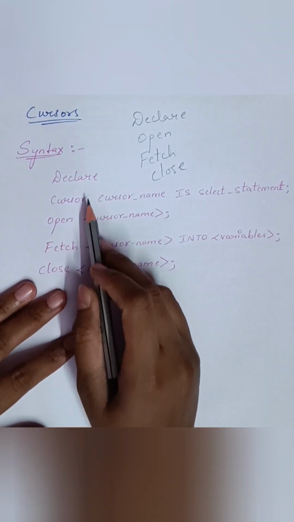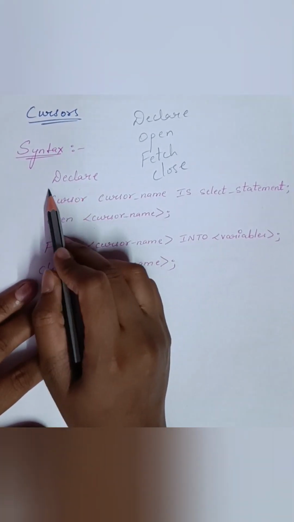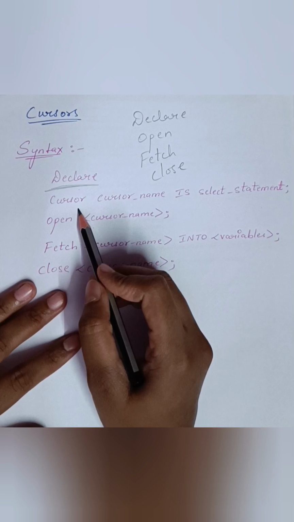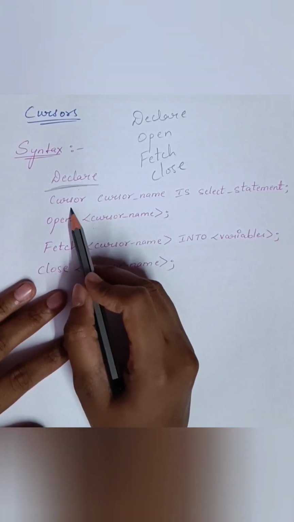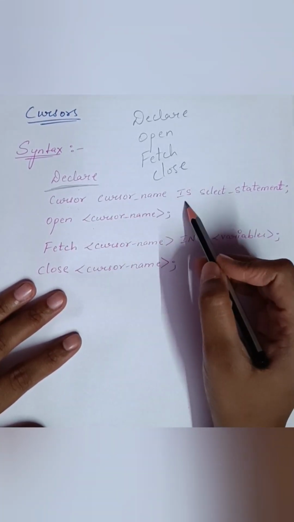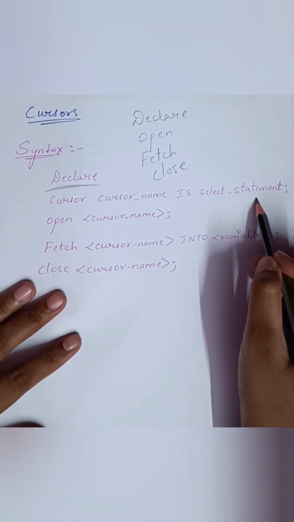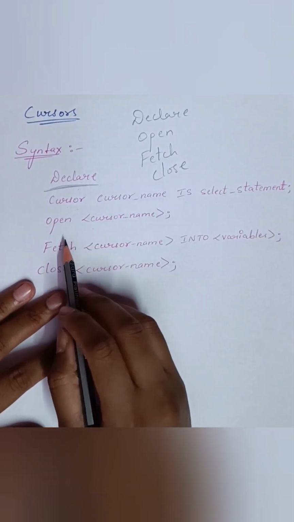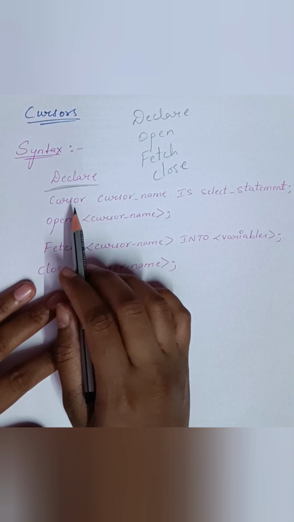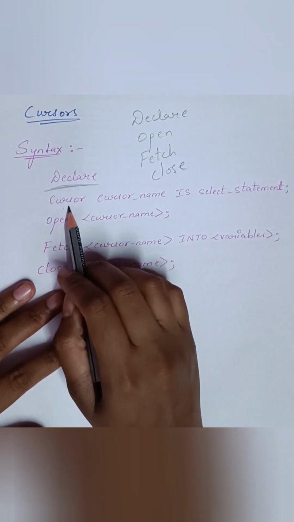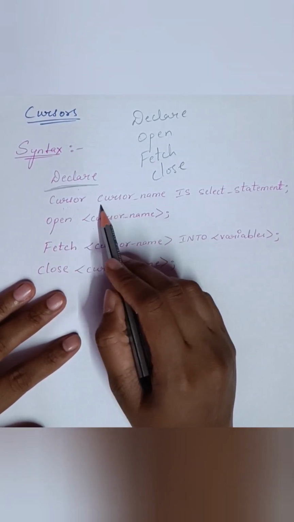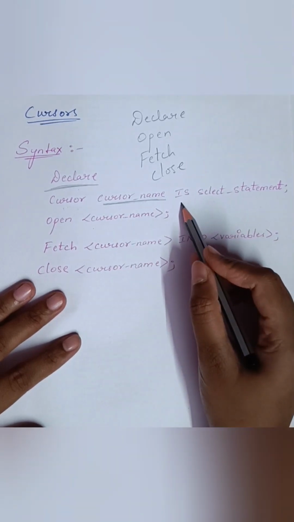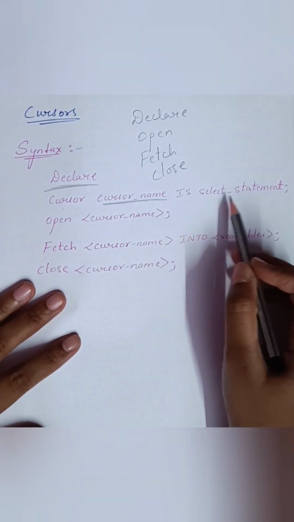Under the declare keyword, you declare a cursor by starting with the keyword cursor, followed by the cursor name, then the keyword is, and then a select statement. We will see that in an example. You can give any cursor name.